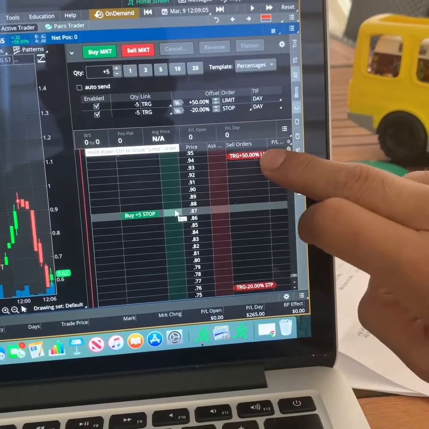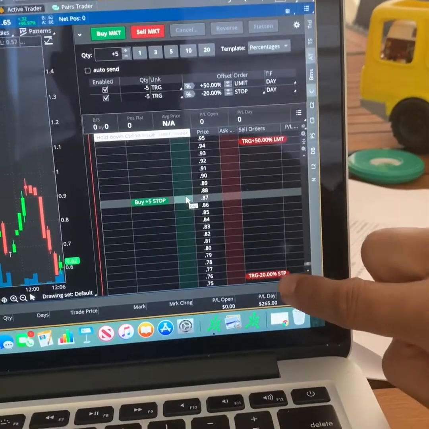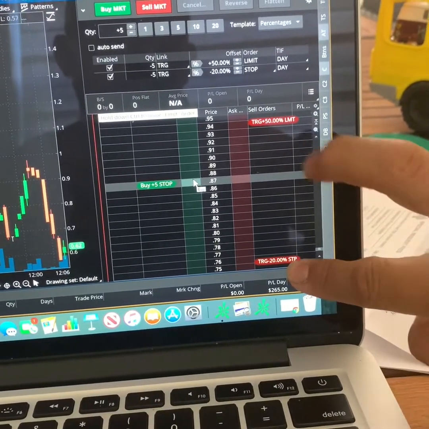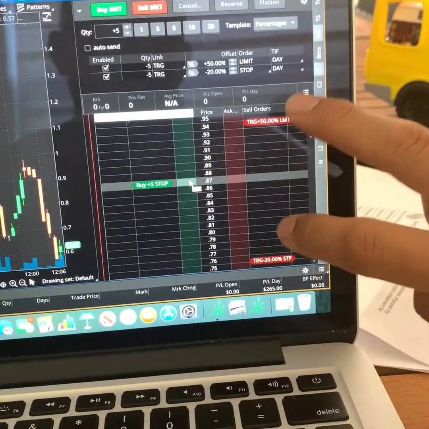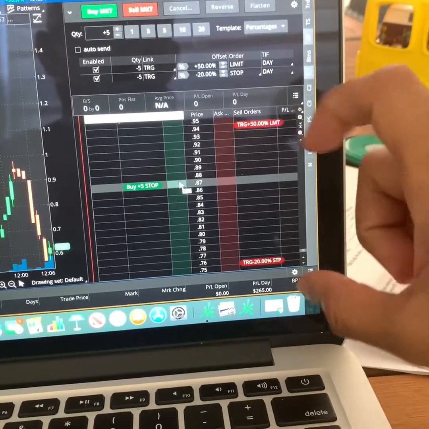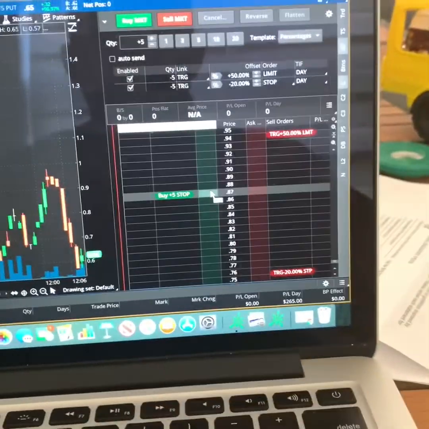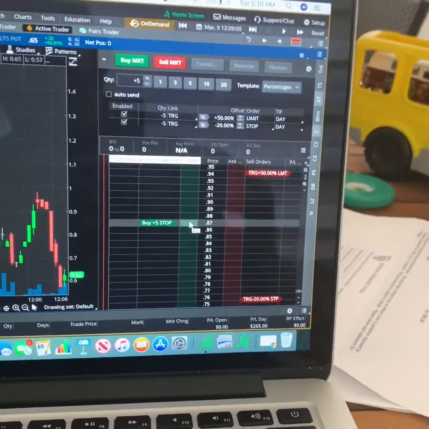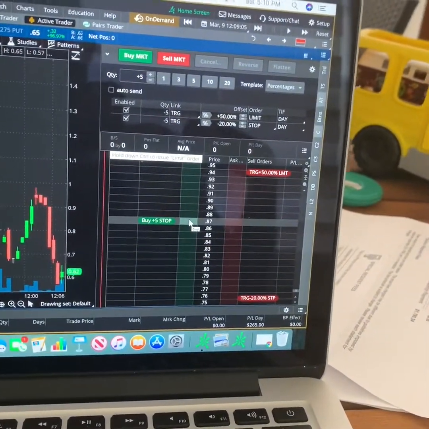This is the trigger limit at 50% profit, and this is a trigger loss at 20% loss. If you're doing this, you want to do a big bracket here, and I'll show you why in a moment when we get into this trade.